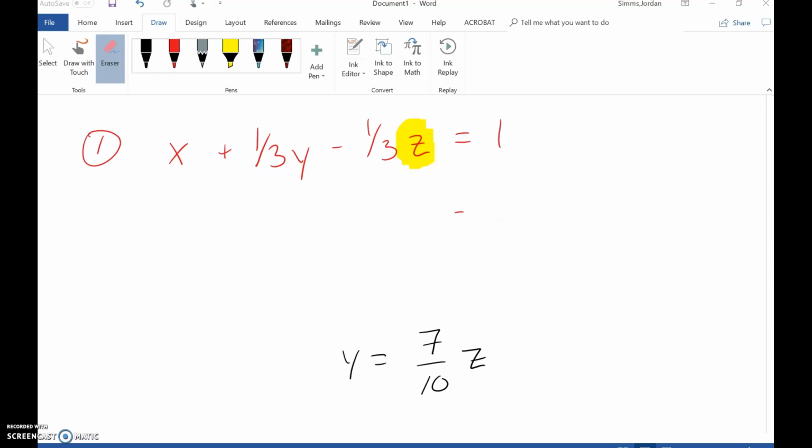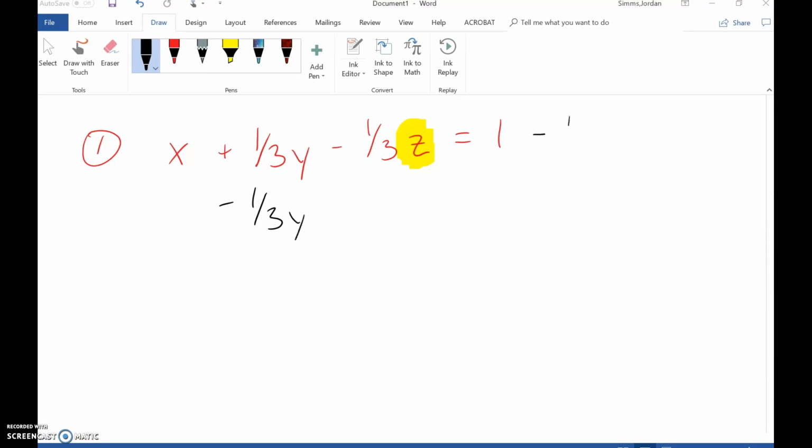Same deal with equation 1. We're just going to get x by itself as well. Okay? So what I'm going to do here is subtract 1/3 y from both sides. I'm going to add 1/3 z to both sides. Okay, so that's gone.